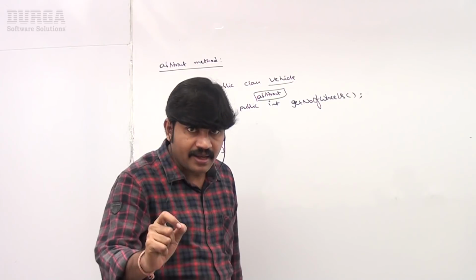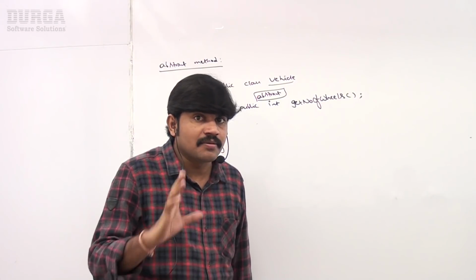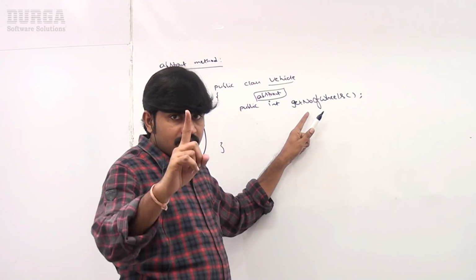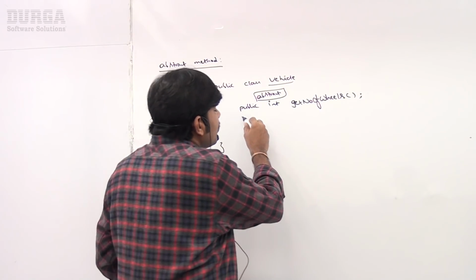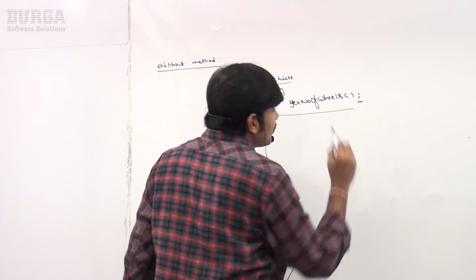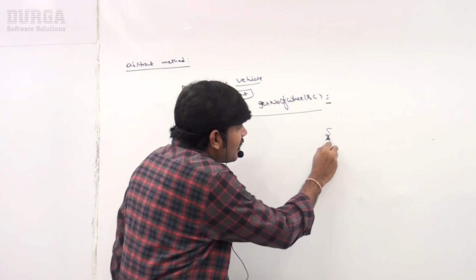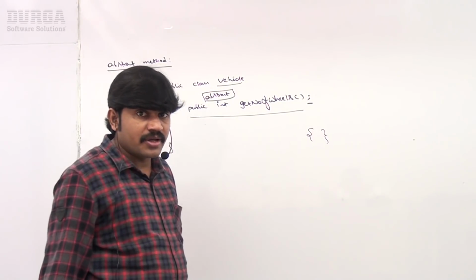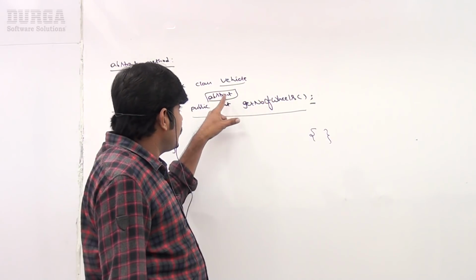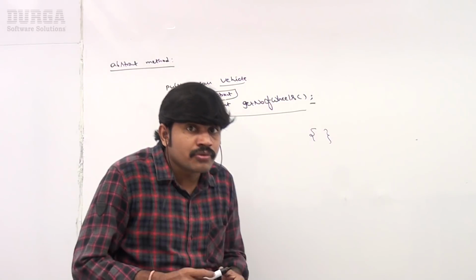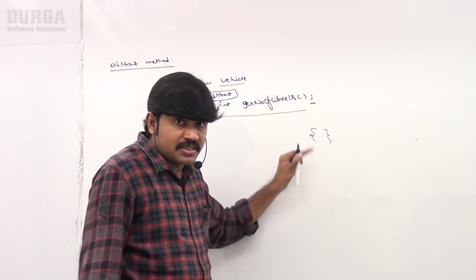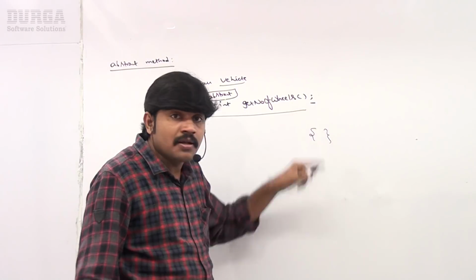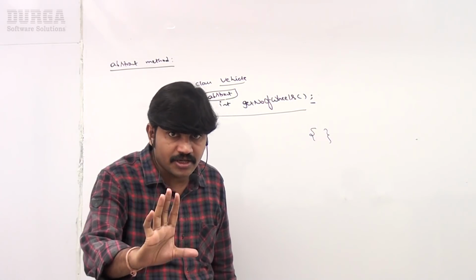An abstract method has only a declaration but not an implementation. That's why an abstract method declaration ends with a semicolon but not curly braces. Very important question: an abstract method declaration should end with a semicolon but not curly braces. Are you able to understand?